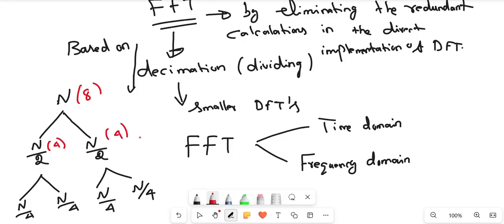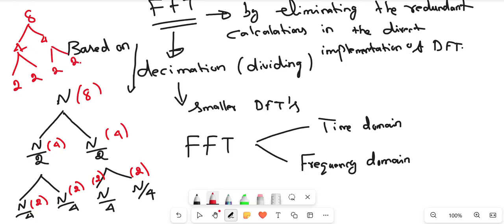It is decimated into two 4-point DFTs, and again each 4-point DFT is divided into two 2-point DFTs. Whatever the N, we decimate until we get the 2-point DFT. This is the basic 2-point DFT structure. How to represent this 2-point DFT butterfly structure, we will see.